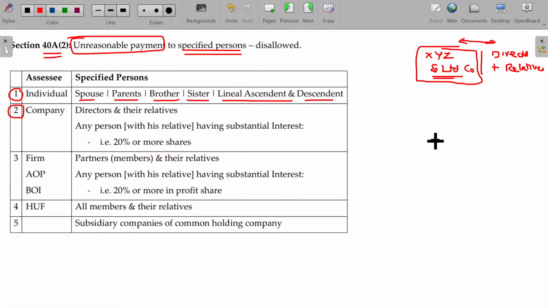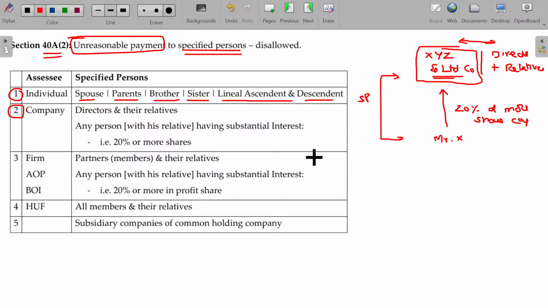Another one is Mr. X, who keeps 20% or more share capital. Then these two are called specified persons.